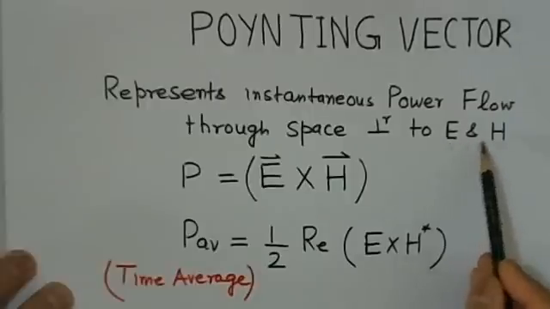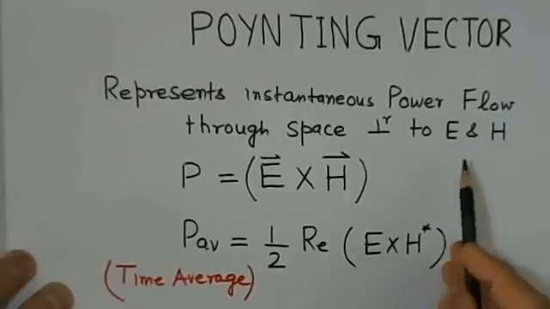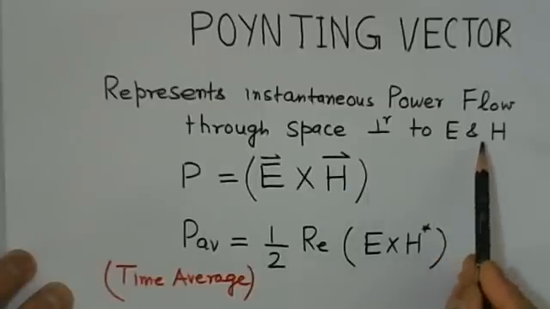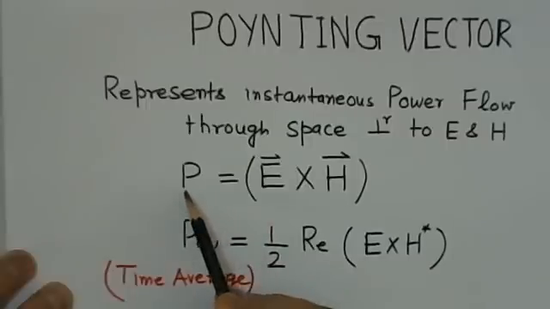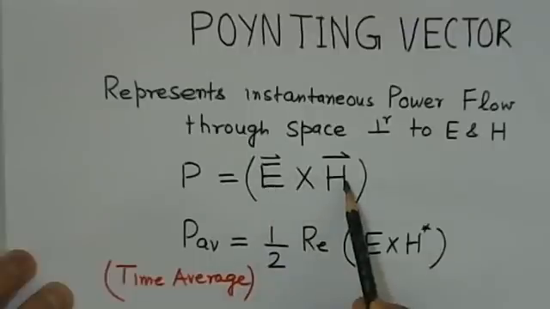Note here that E and H are the electric and magnetic field components, and the power flows at right angles to both E and H, in the direction of E cross H. So this is represented as P equals E cross H. These are the electric and magnetic field vectors.